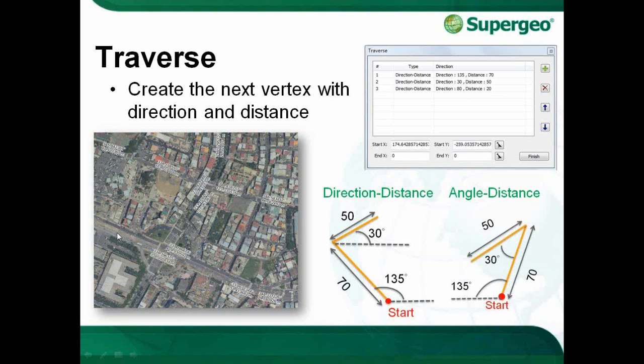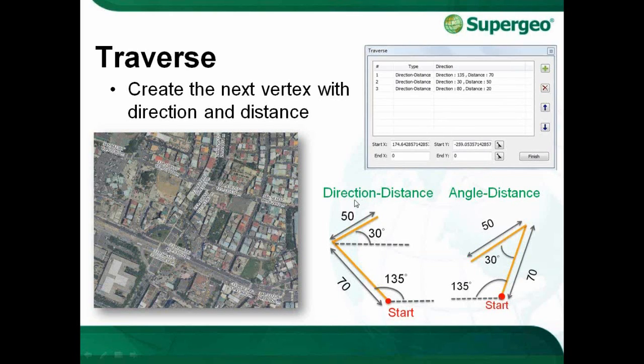So you can digitize the road, the line feature, based on this information, and then use our traverse to give a start point, the location of the start point X and Y, and then add a new vertex, and then specify the direction and the distance.